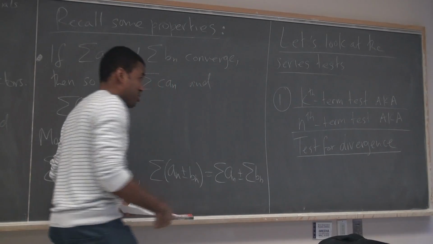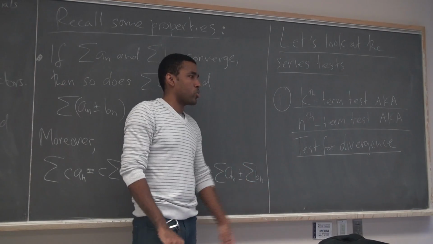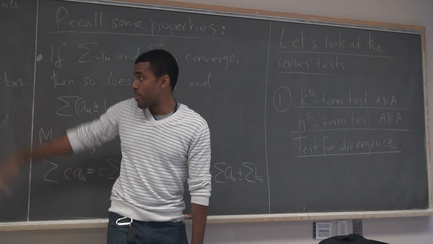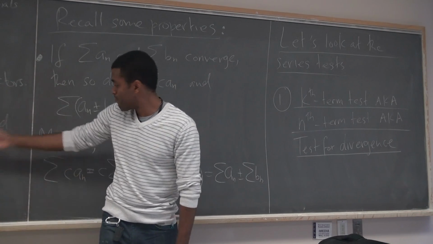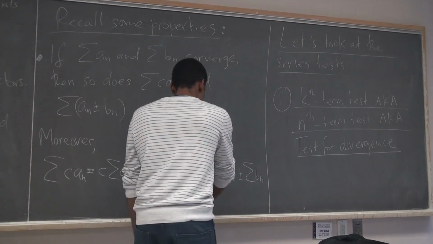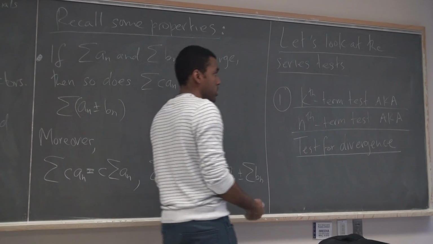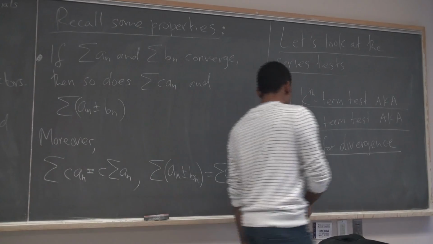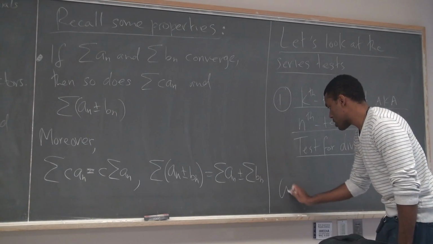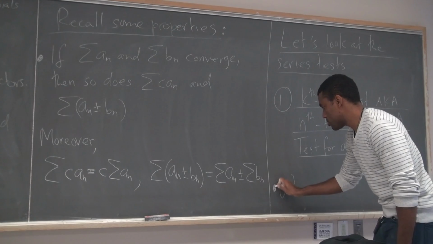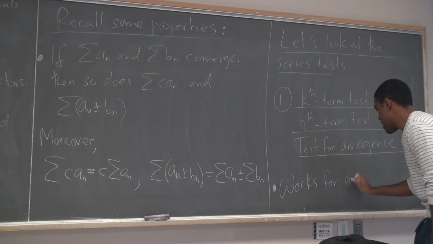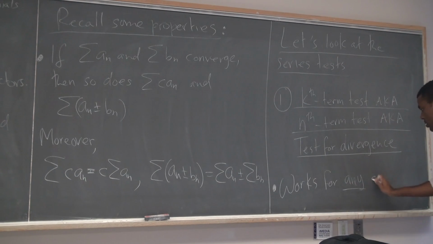The series tests are pretty much shortcuts, right? They can tell us when a series converges or not just by going through these tests. We don't have to worry about finding partial sums or doing a telescoping thing. We can just apply the test to a series if it is in the right form for it, and we can determine whether it converges or not. This guy works for any series, so it is always applicable.